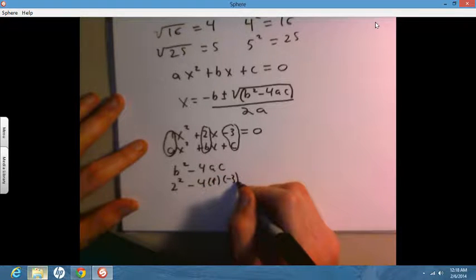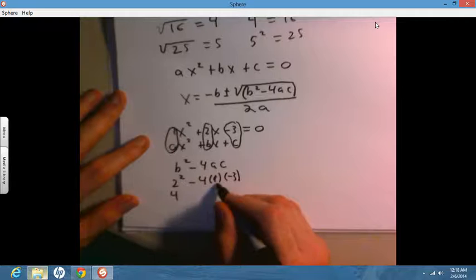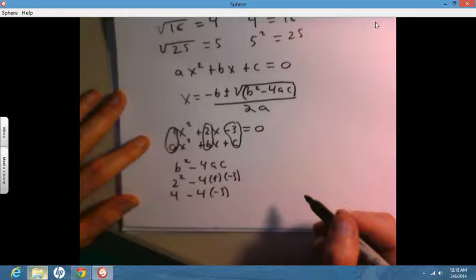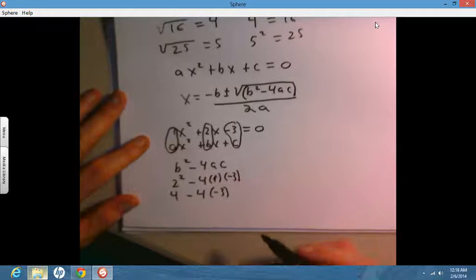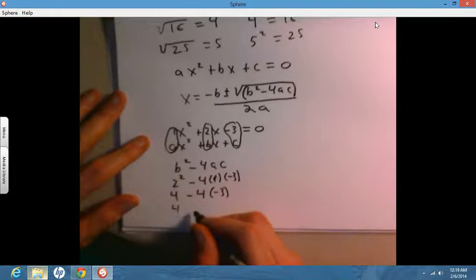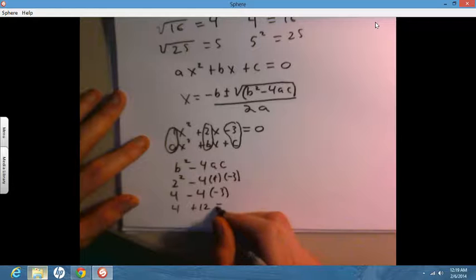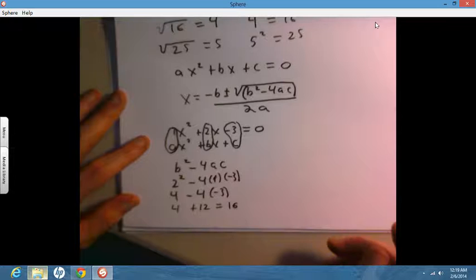So 2 squared is 4, and a negative 4 times a 1 is still a negative 4, so it's minus 4 times minus 3. And a minus 4 times a minus 3 is going to be a positive 12. So it's going to be 4 plus 12 is equal to 16. So the discriminant is actually 16.